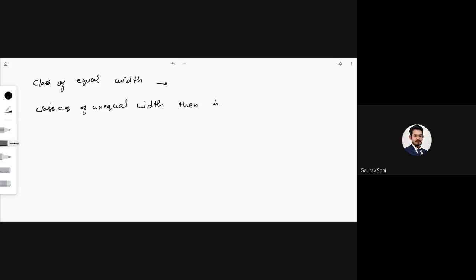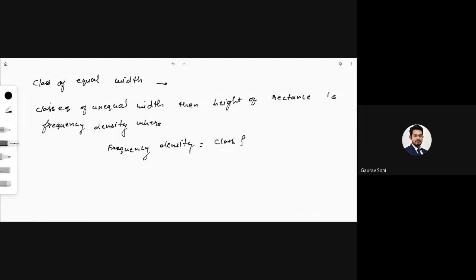Then the height of rectangle is the frequency density, where frequency density is equal to class frequency upon class width.